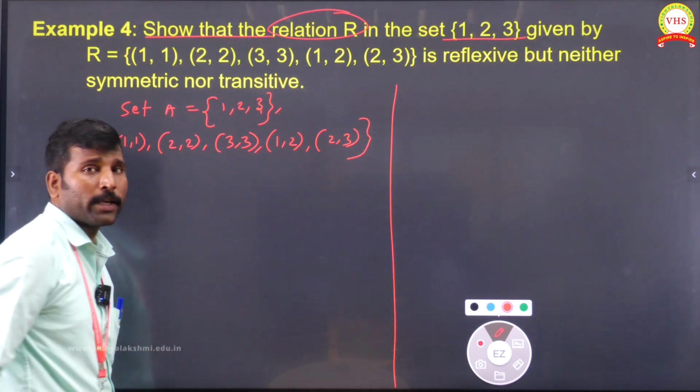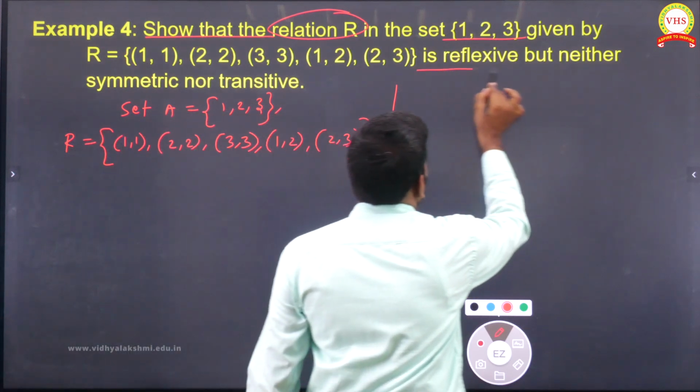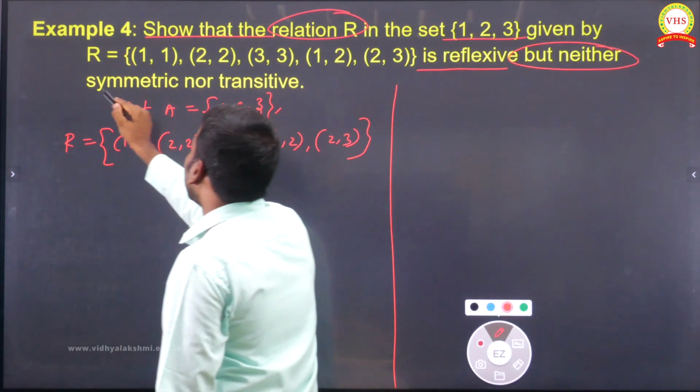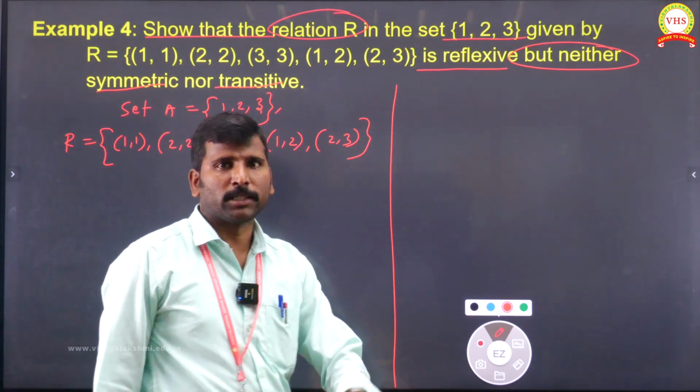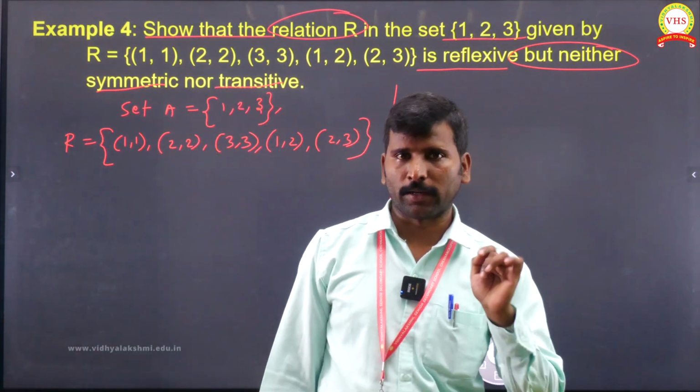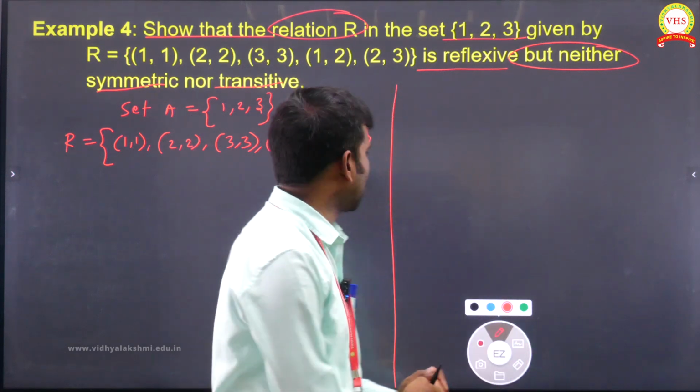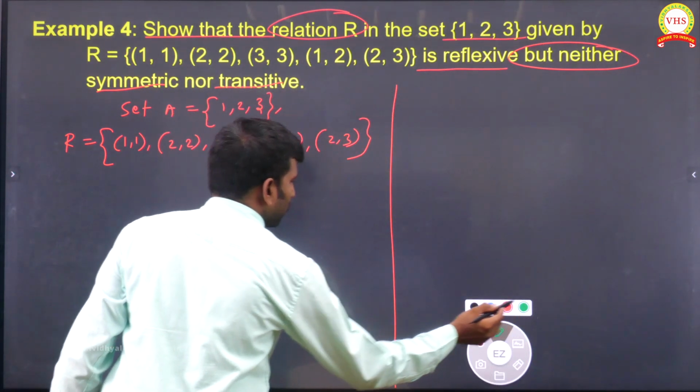What we have to say is that it's reflexive but neither symmetric nor transitive. It's satisfying only reflexive, the other two not satisfying. That is what we have to say. Understand? Right. Let's go now, children.